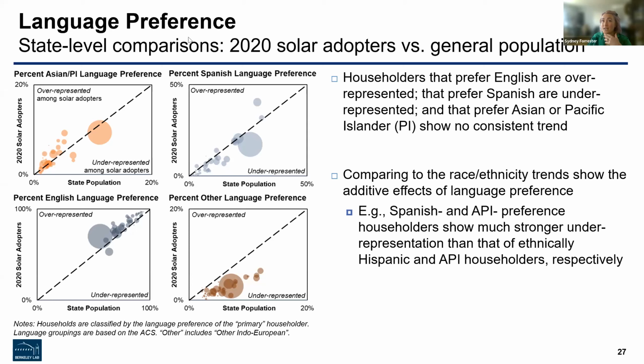And so what that sort of indicates to us is that there is this additive impact of language preference over race and ethnicity. And this makes sense again with the literature of like marketing materials, et cetera, but it does have some impacts for things like how solar education awareness and peer effects, like a bunch of, again, additional questions that we don't really get into in this report.